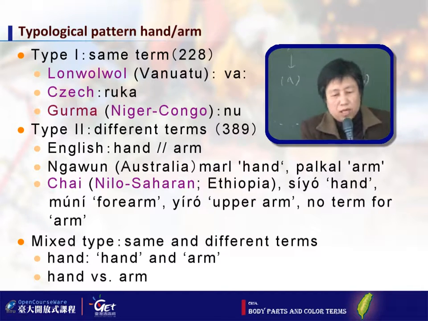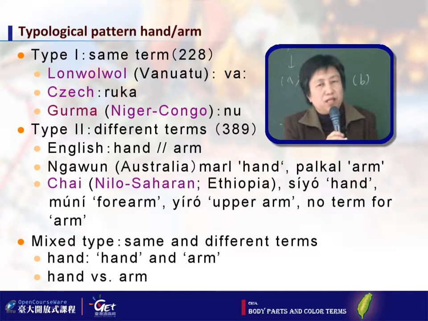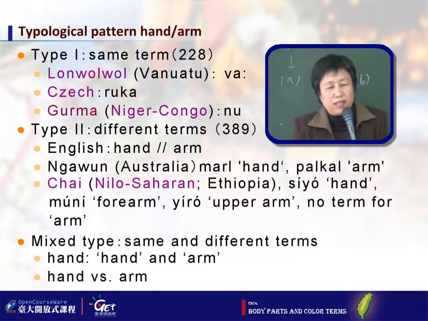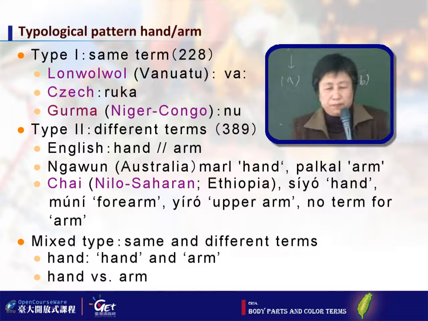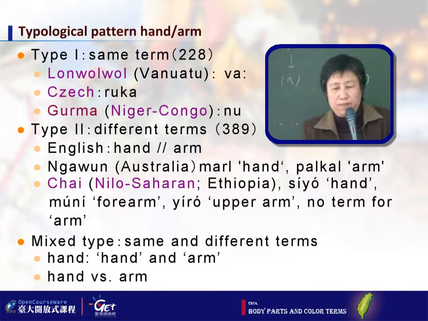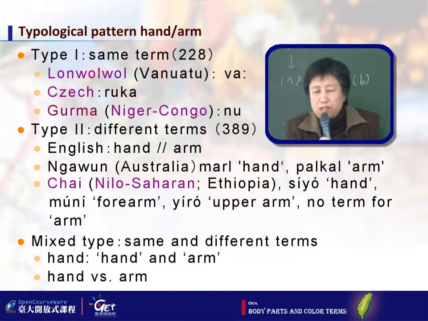And Czech, ruka, and gurma, nu. So this is just an example to show that some languages use one term for these hand and arm body parts.